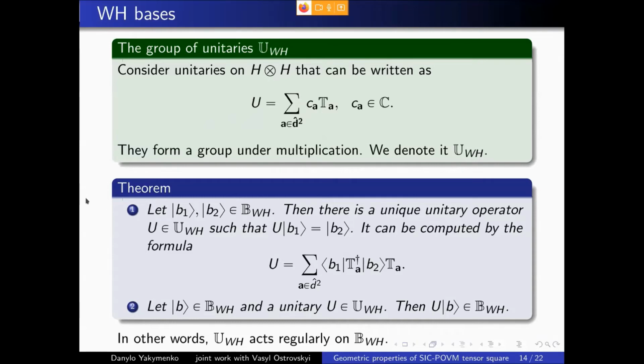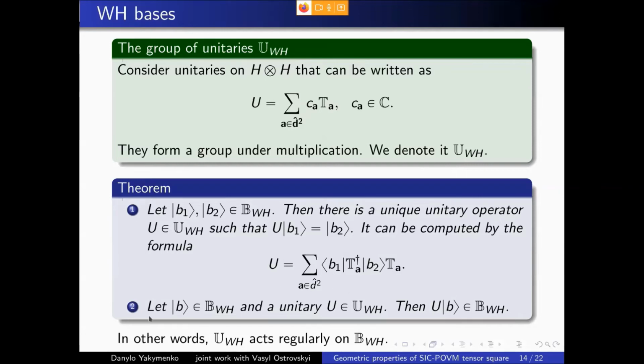One nice description is the following. Once we have two different fiducial basis vectors, then there is always a unitary from this group that transforms one fiducial vector to the other, and we can actually compute this unitary explicitly.